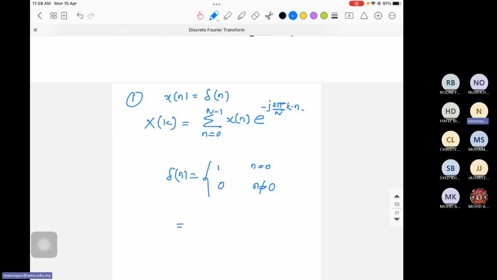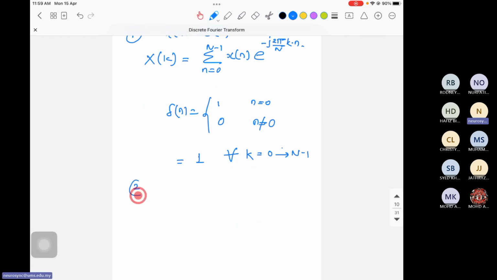Therefore, for x of 0, we have 1. Therefore, this is 1 times e to the power j0, that is 1. Therefore, the answer is: the X of k of the impulse response is equal to 1 for all k from 0 to n minus 1. So for all k from 0 to n minus 1, it is equal to 1 only.